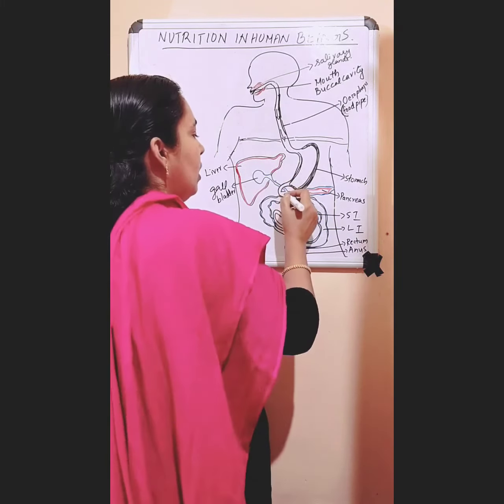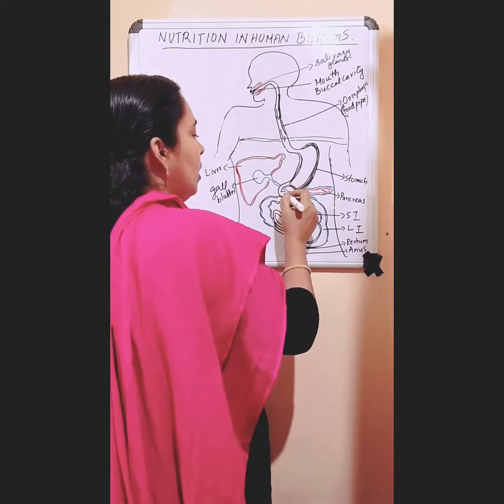Then enzyme trypsin. Here in stomach we studied enzyme pepsin. It digests the proteins into peptones. Not to amino acid, into peptones. So digestion is not completed. So this enzyme trypsin will change the peptones into peptides.